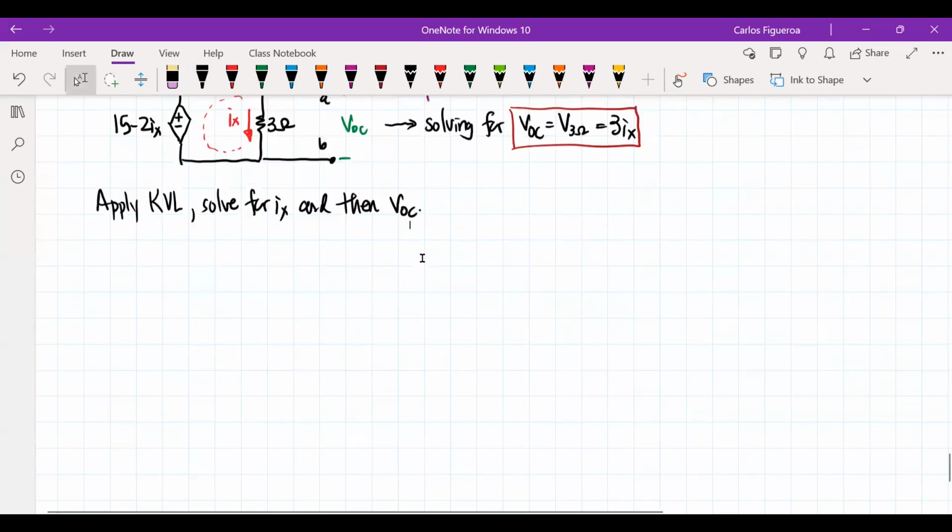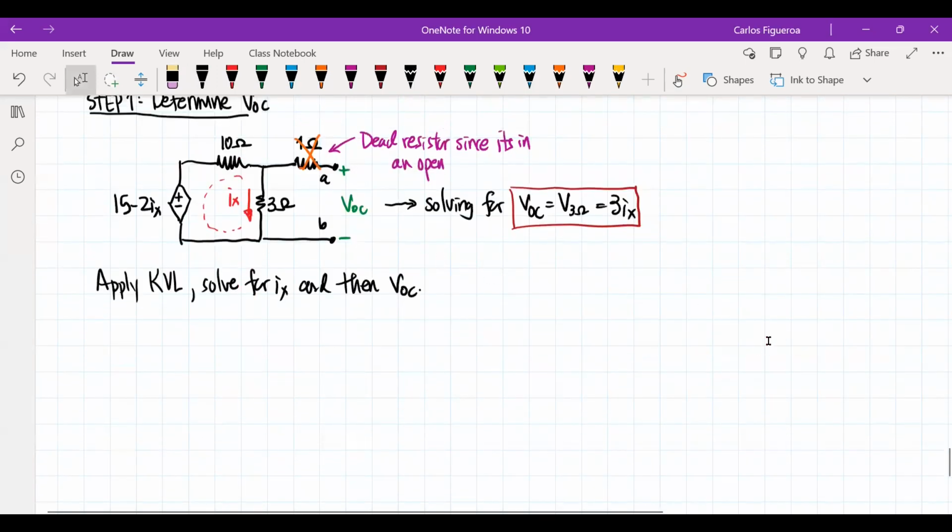So if I look at that thing, here's my circuit. You could see that KVL tells me what? If I'm going in this direction, I'm going to get 10IX plus 3IX has to equal 15 minus 2IX.